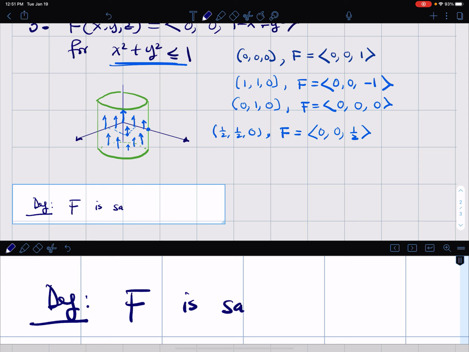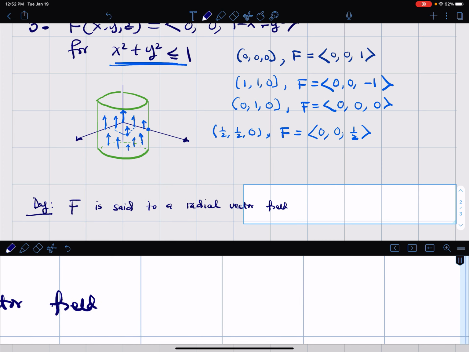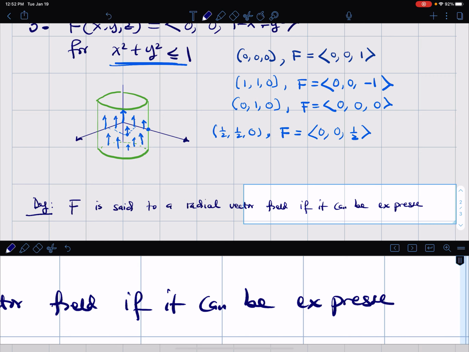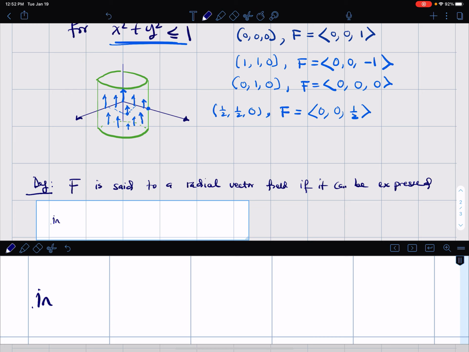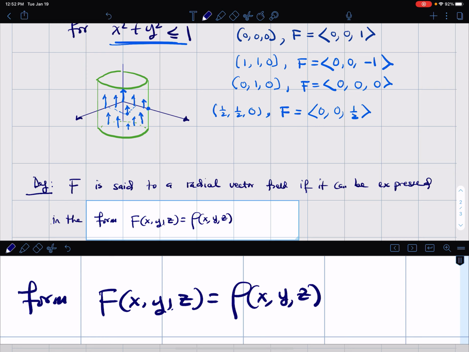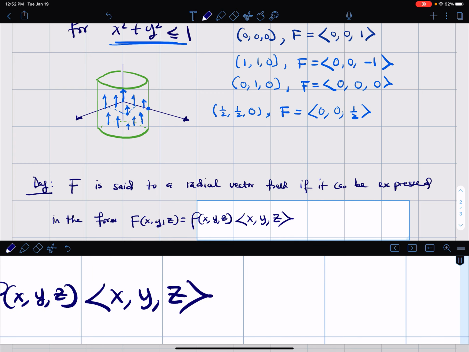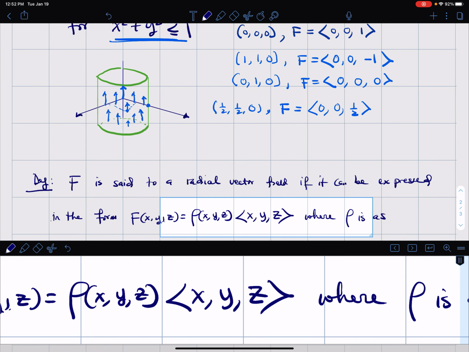A vector field F is said to be a radial vector field if it can be expressed in the form F of x, y, maybe z, is equal to rho of x, y, z, where rho is a scalar function.